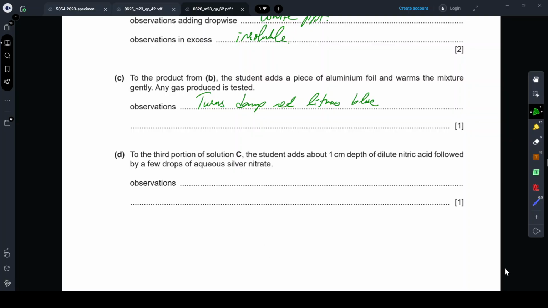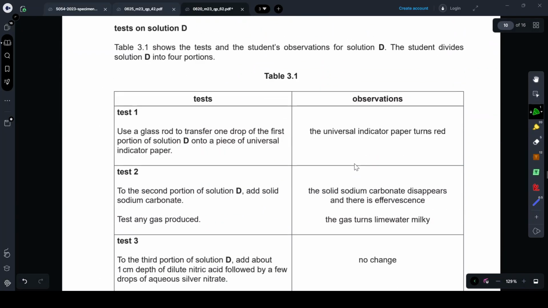It is a test for halide ions, so nothing's going to happen. So no change. Good. There are no halide ions over here, so nothing's going to happen.